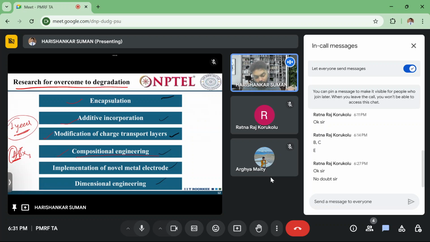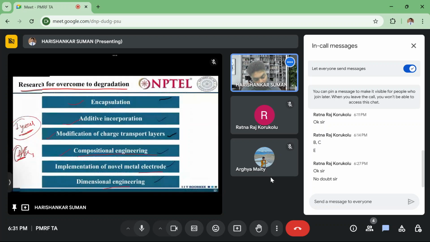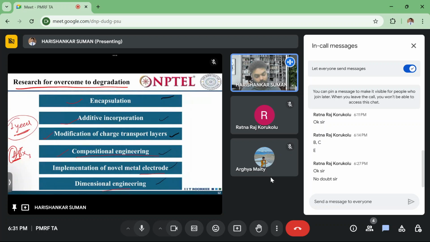People are working in these areas. Implementation of double metal electrode, dimension engineering. These are the options to improve the lifetime.